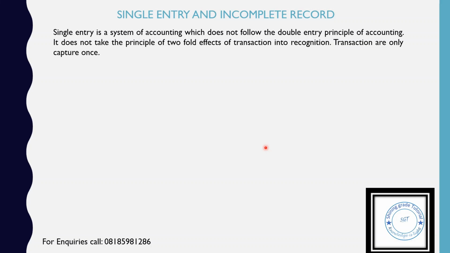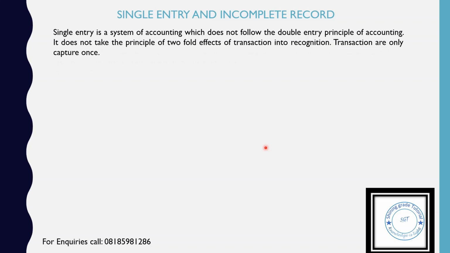So in a single entry system, there is nothing like a full record of the details of the business transactions. In that regard, the double entry principle is lacking in the system. Therefore, we should expect that the records available are going to be incomplete.